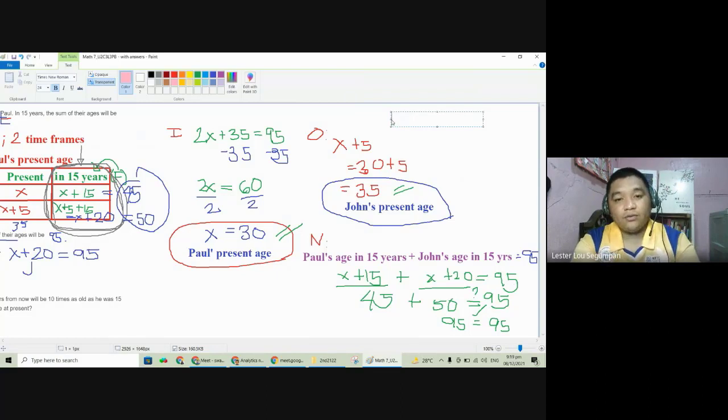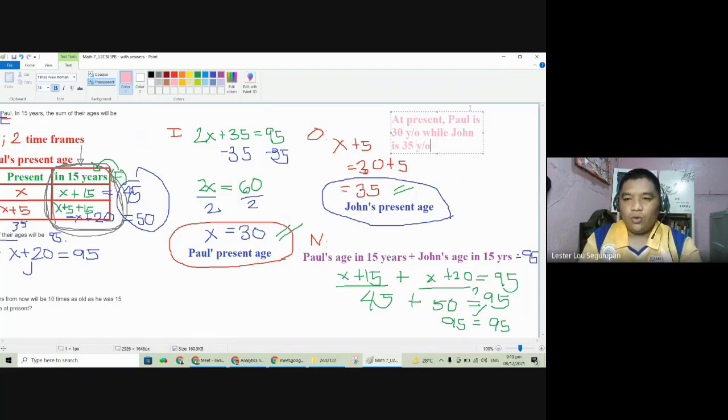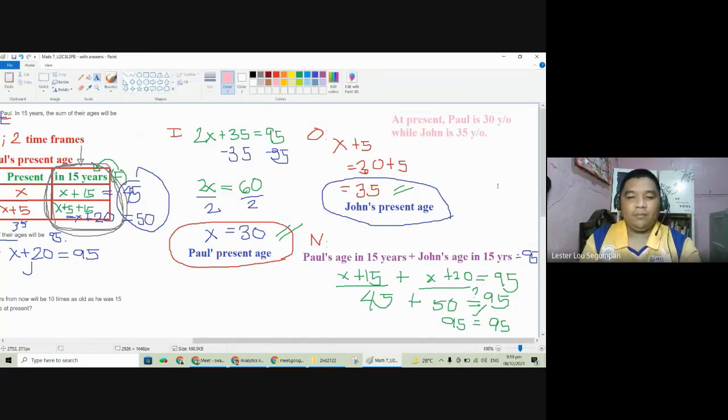Because there are two of them, you can say that at present, Paul is 30 years old. The symbol for years old is y slash o, while John is 35 y slash o. This is the statement that may summarize this problem. So this is the answer for number one.